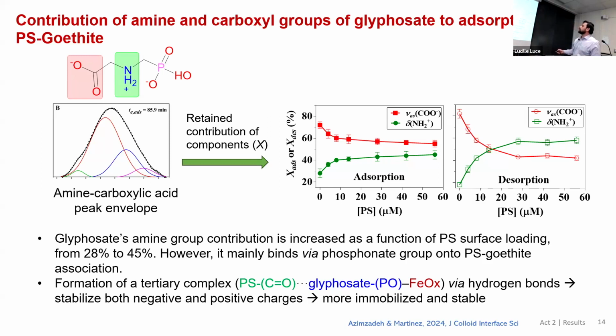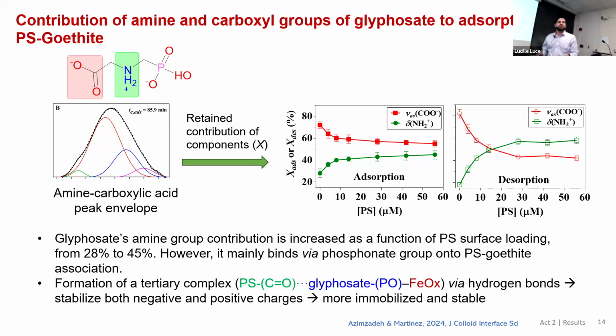What I found during adsorption, with increasing polysaccharide loading, is that ammonium, this functional group, is getting more contribution in the interaction with the retention of glyphosate. And that's really interesting for me. And it makes sense, actually.